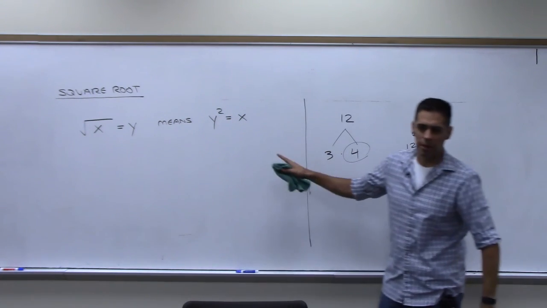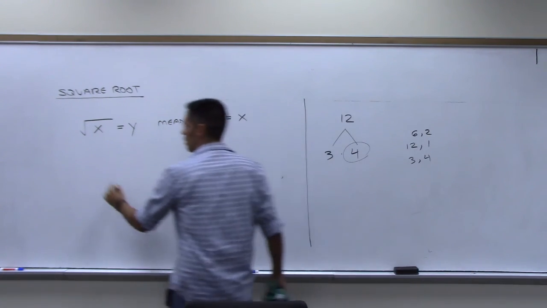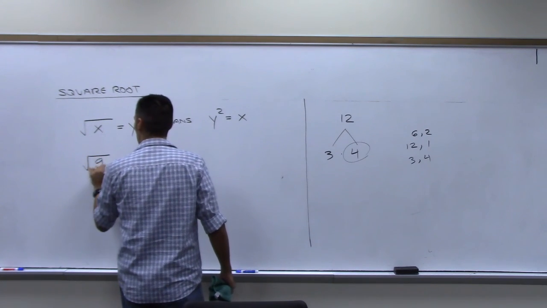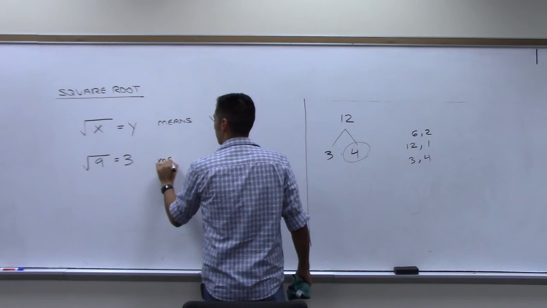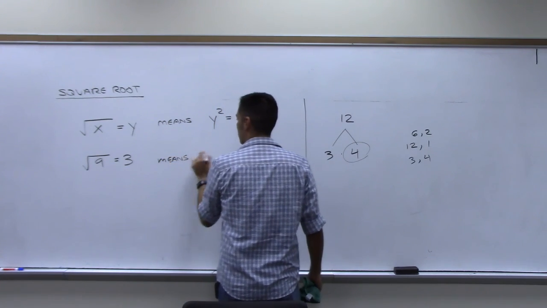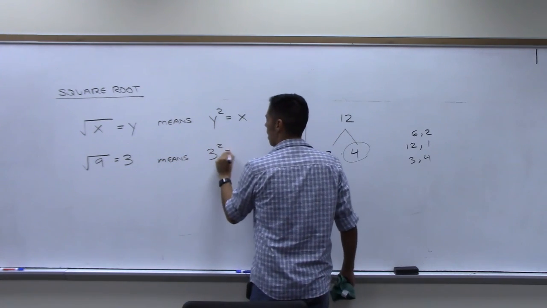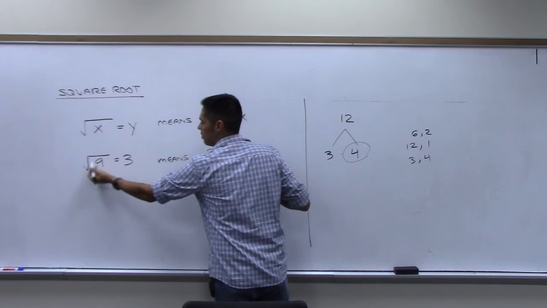Now, I know that that looks weird, but let's write down an example underneath this. If I write the square root of 9 equals 3, that's because if I take this and square it, I should get back what was underneath this square root symbol.